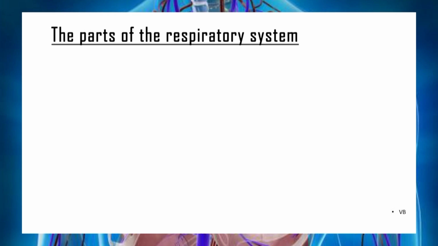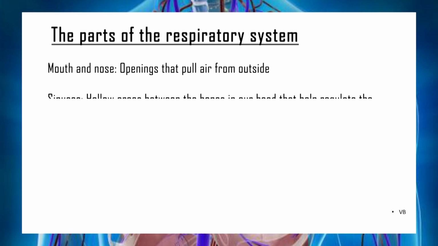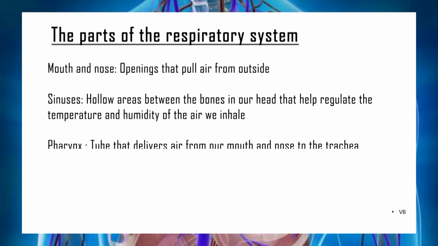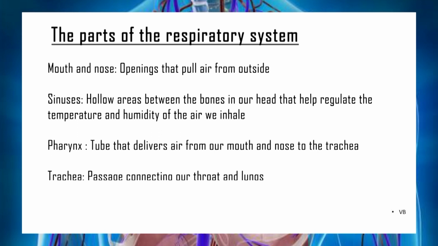Then what are the parts of the respiratory system? The respiratory system has many different parts that work together to help us breathe. Each group of parts has many separate components, which include the mouth and nose, openings that pull air from outside.